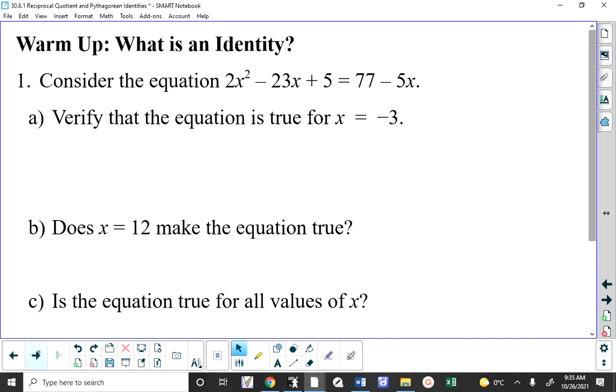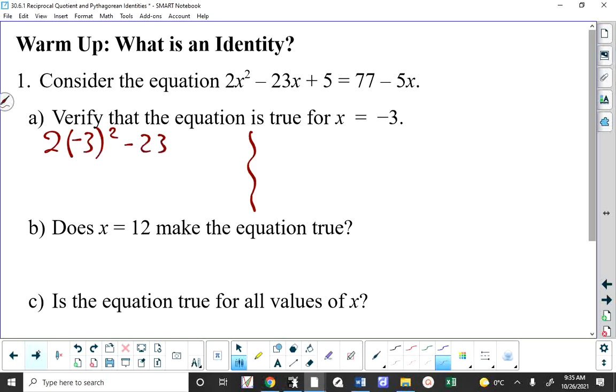So you have to work on the left-hand side of this equation and the right-hand side of this equation separately from one another. We don't put equals here. What we're going to do is just put a line and say the left side is 2 times negative 3 squared minus 23 times negative 3 plus 5, and we're going to calculate what that equals to. I would like you to calculate what that equals to.